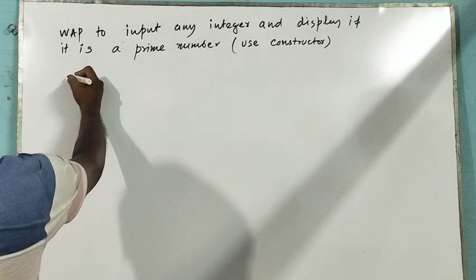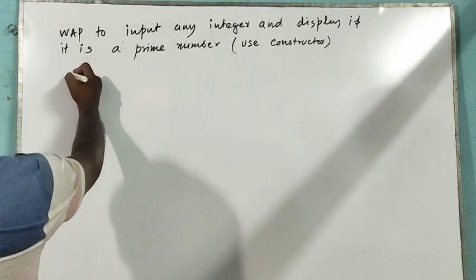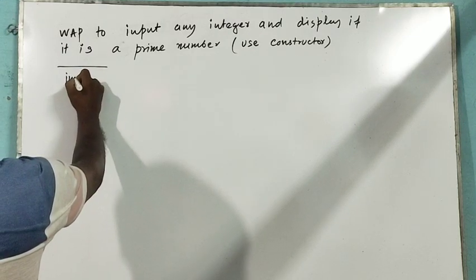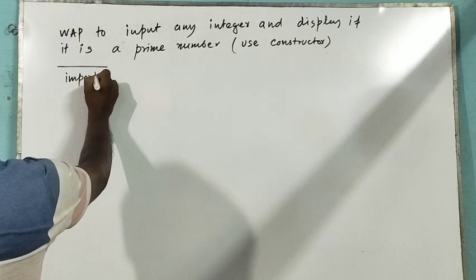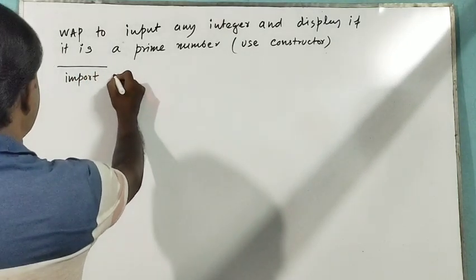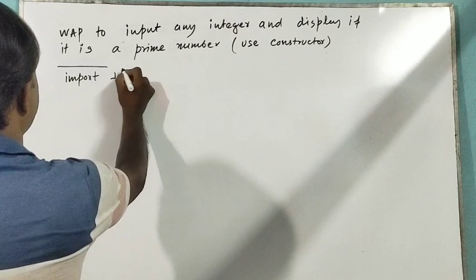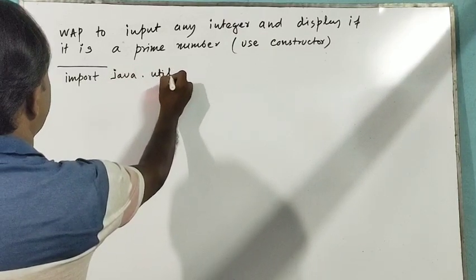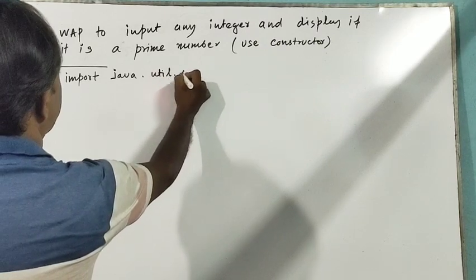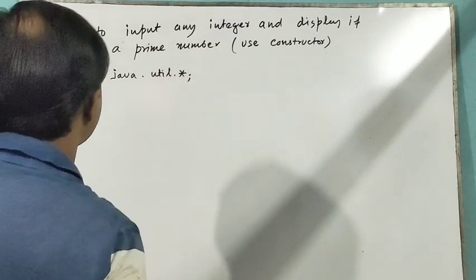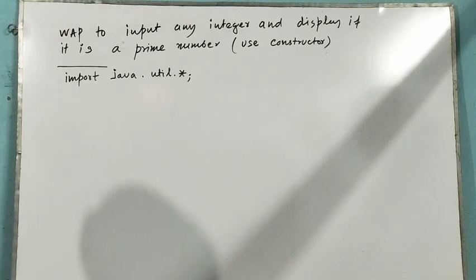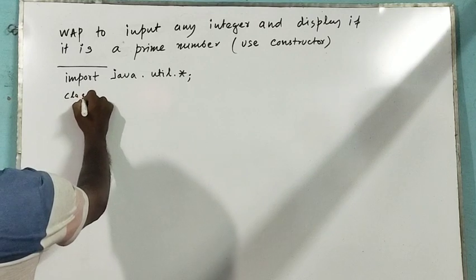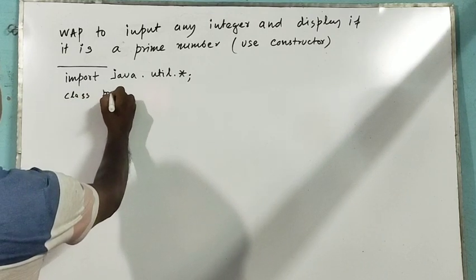Since we have to take input in this program, we'll write import java.util.*. This is for taking the Scanner class. Now class Prime.